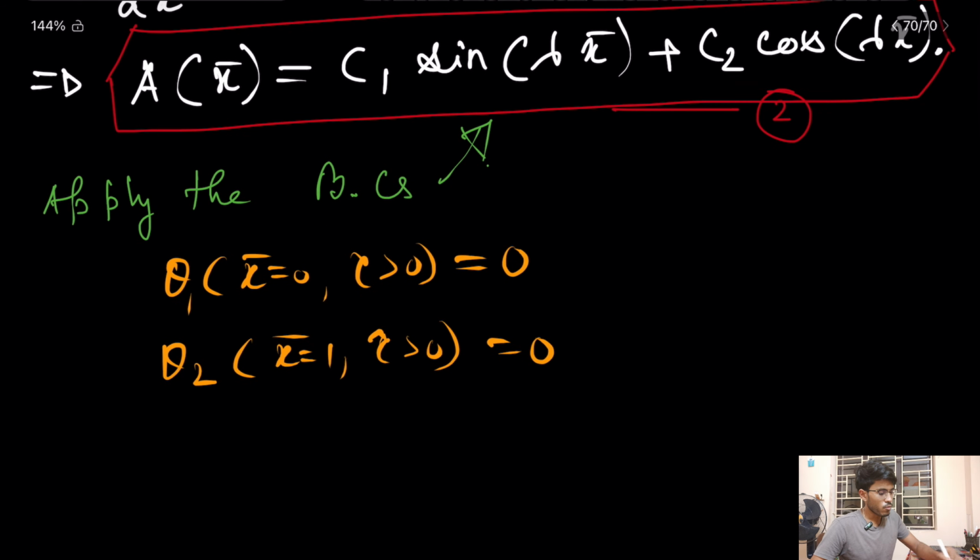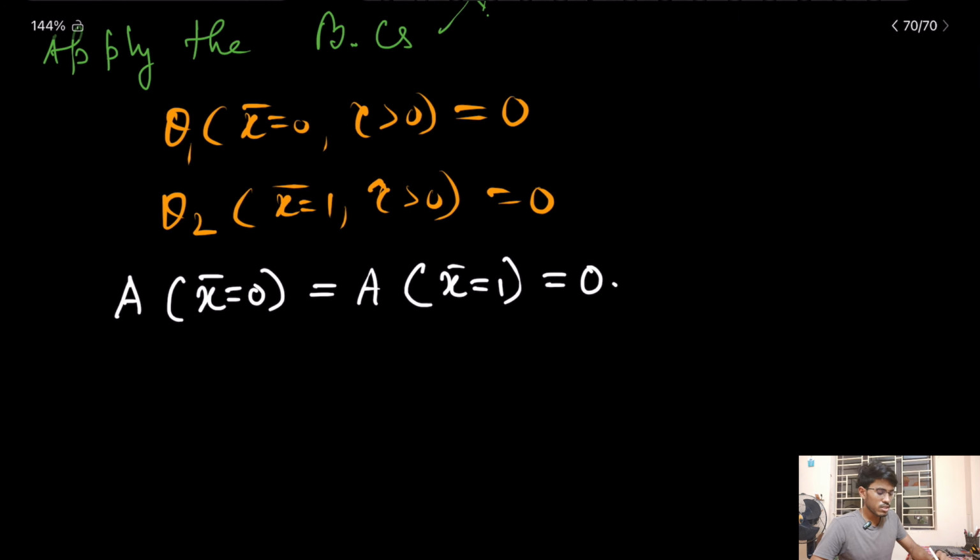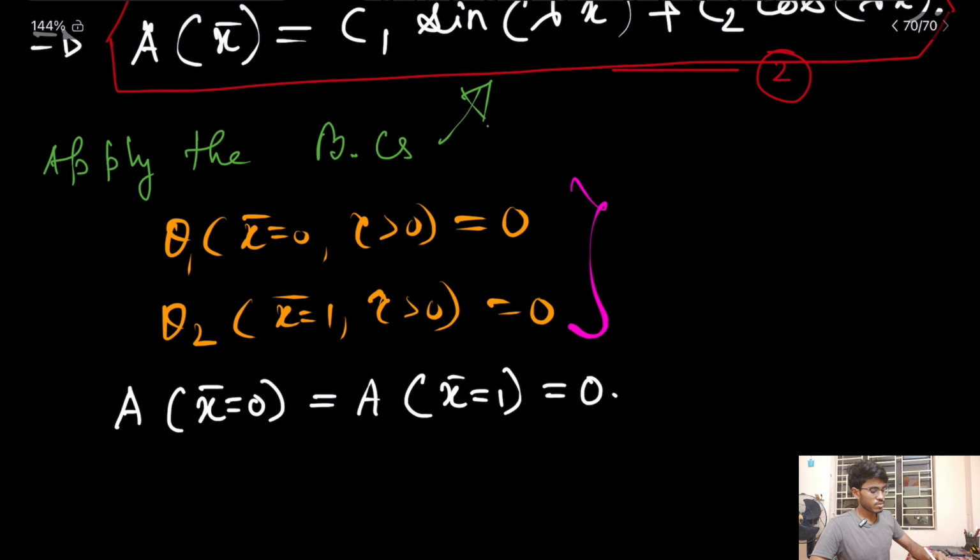So here we will directly write a of x bar equal to 0 equal to a of x bar equal to 1 equal to 0. These were the boundary conditions where x bar was the determining variable. Let us put these boundary conditions into this equation.